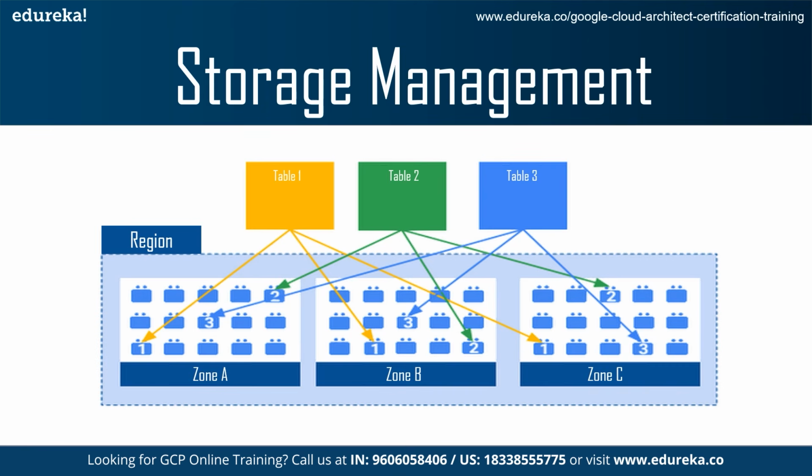BigQuery uses a proprietary format because the storage engine can evolve in tandem with the query engine, which takes advantage of deep knowledge of the data layout to optimize query execution. Each column in the table is stored in a separate file block, and all the columns are stored in a single Capacitor file, which is compressed and encrypted on disk.